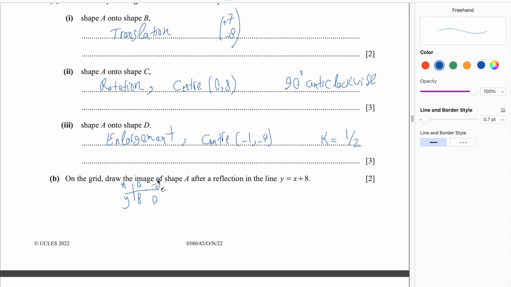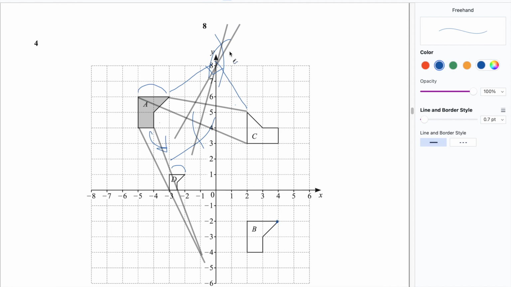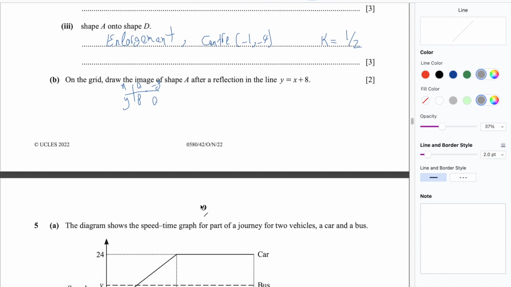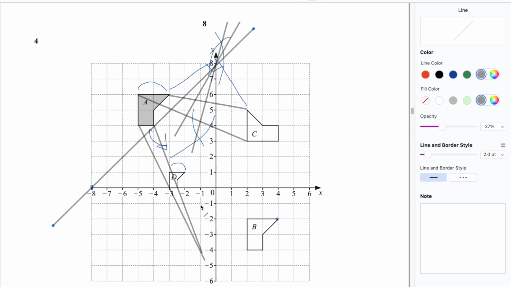So (0, 8) and (-8, 0). This is the line to be constructed.